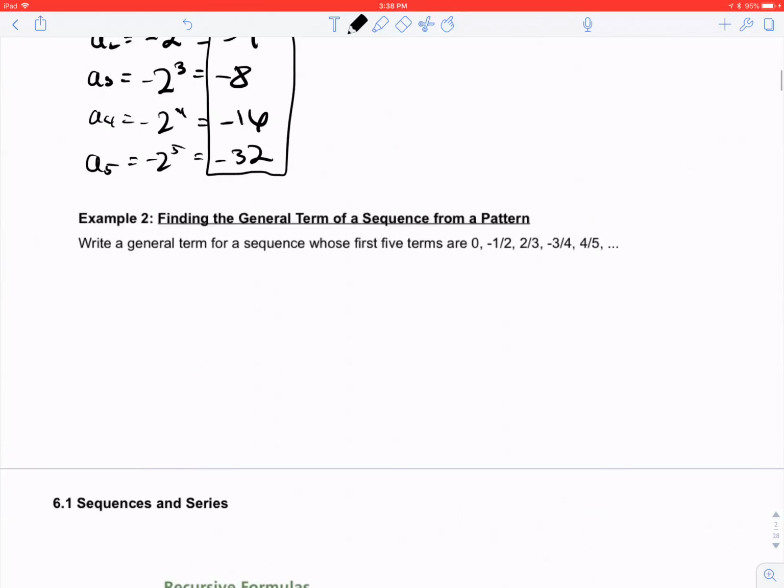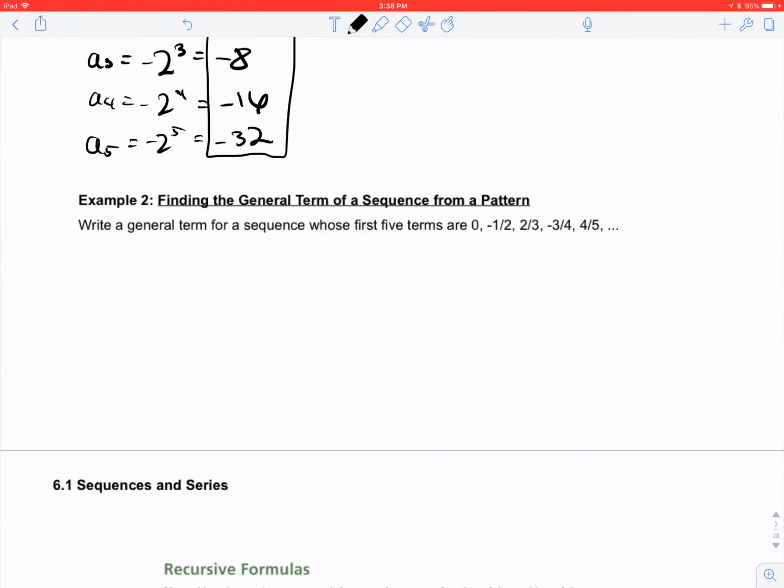So then in example 2, we're asked to write a general term for a sequence whose first 5 terms are given. So we want to find the general term. Notice that the first term is 0, the second one is 1 over 2. So when n is 1, we get 0.